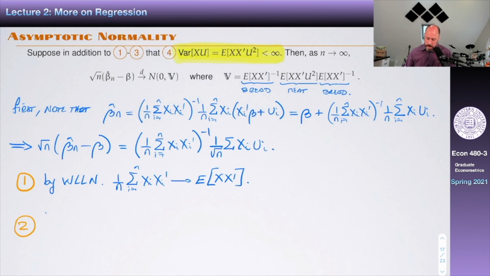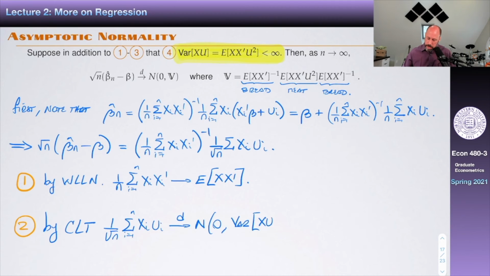By the central limit theorem, we have that 1 over square root n sum from 1 to n of xi ui converges in distribution to a normal with mean 0 and the variance of xu, which we assume is finite.